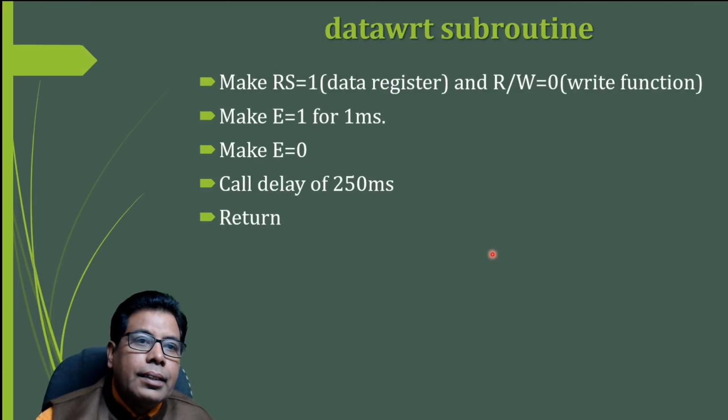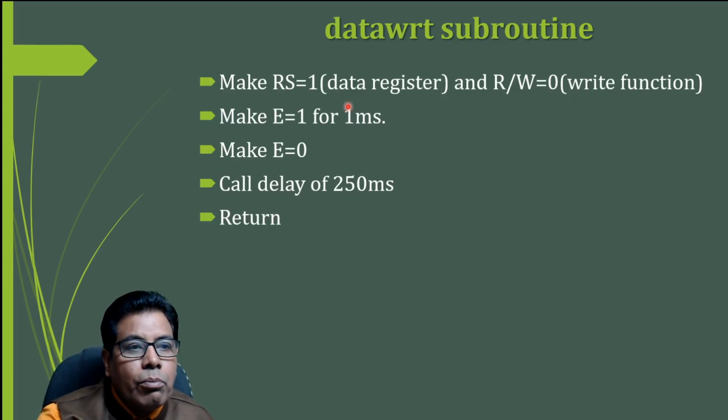Then next is the data write subroutine. In the data write subroutine, we'll have to make RS equal to 1, that is for the data register. For command, RS was equal to 0, so for data it is 1. And RW is equal to 0 for the write operation, because here we are writing the data, that is the ASCII value.